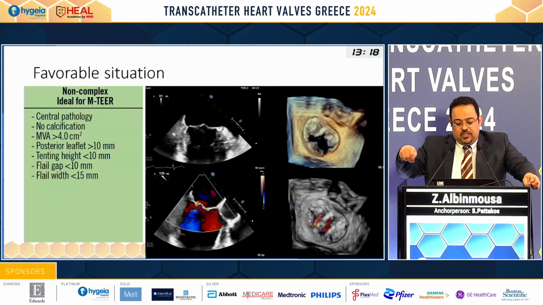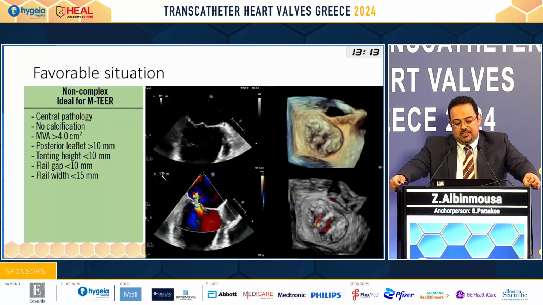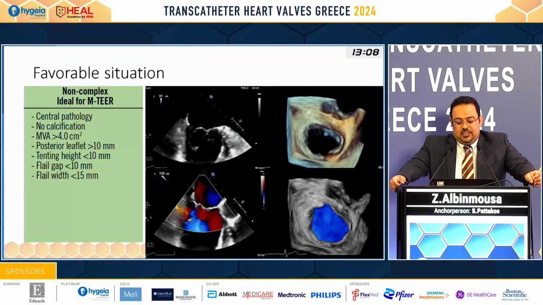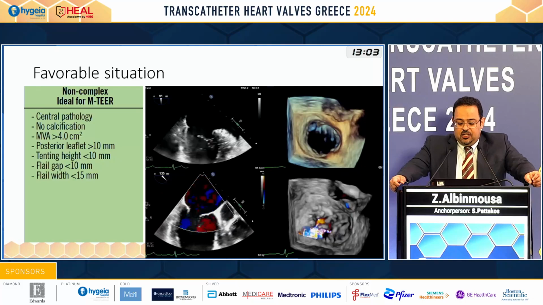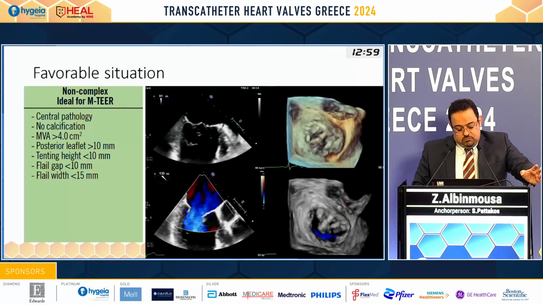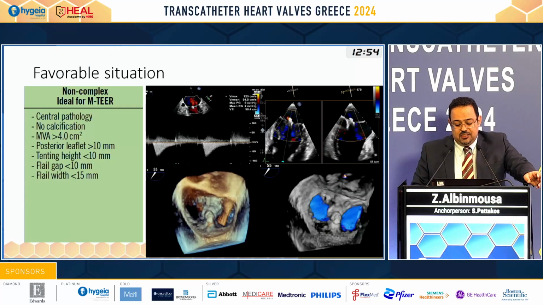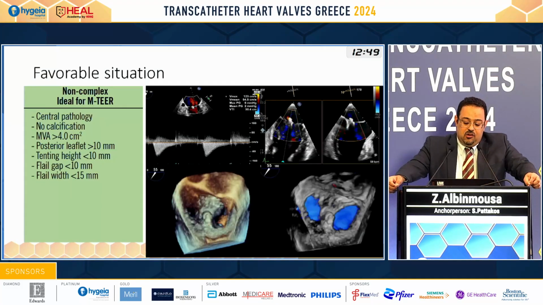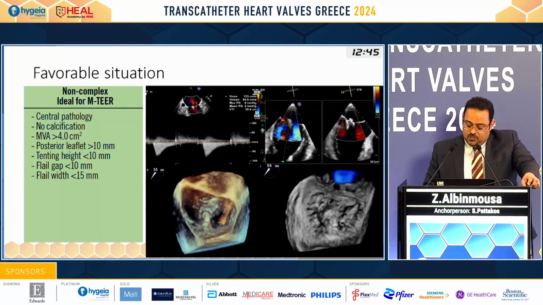As a startup, when I started the interventional echo program, I was looking for patients where it is ideal: central pathology, no calcification, a large mitral valve area, enough posterior leaflet length, where you will end up with a very favorable result with mild MR and low gradient. However, life is not always easy.